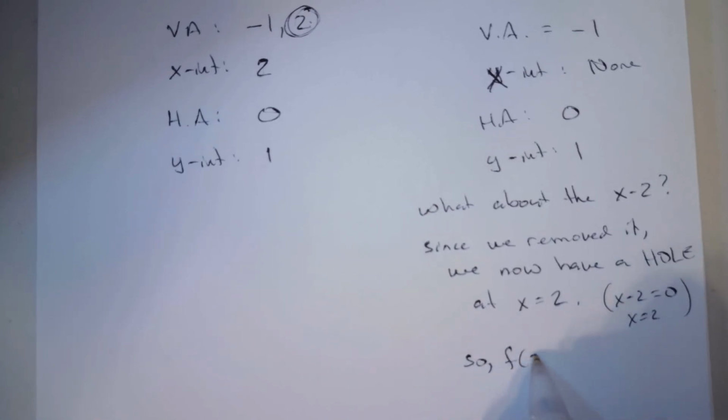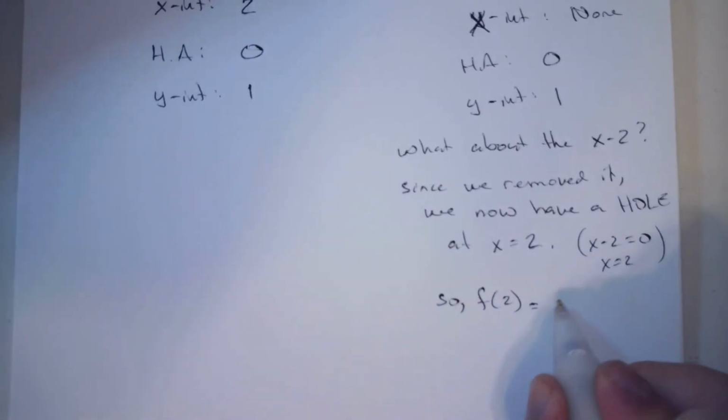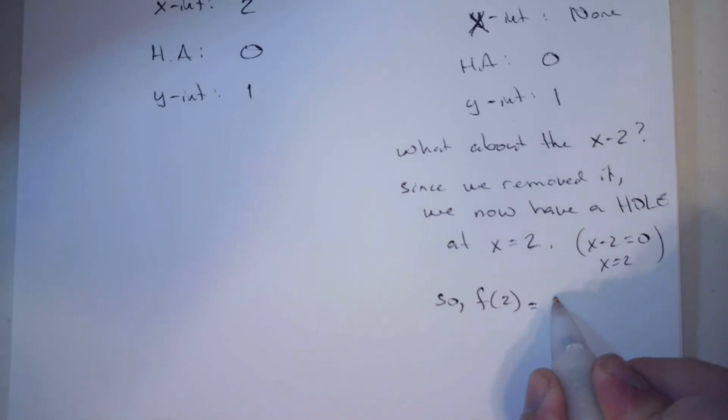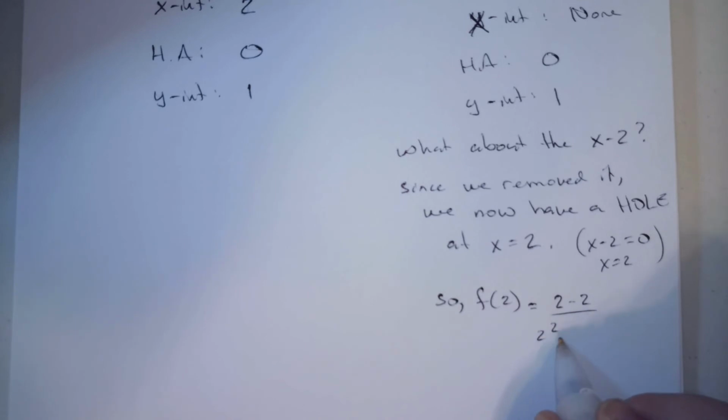So we have 2 minus 2, 2 squared minus 2 minus 2.